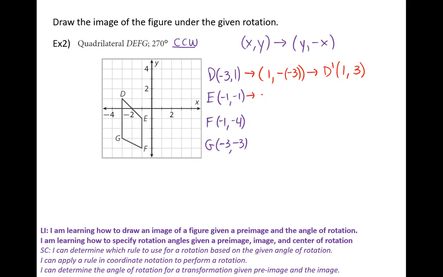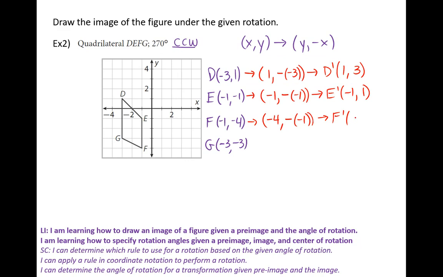All right, let's try E. I'm going to do, again, my y value, which is negative 1, and then negative and my x value. So for E prime, I have negative 1, and then negative, negative means positive, so I get a positive 1. Then I do again the y value, and then negative and my x value.